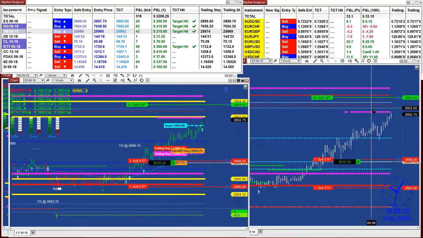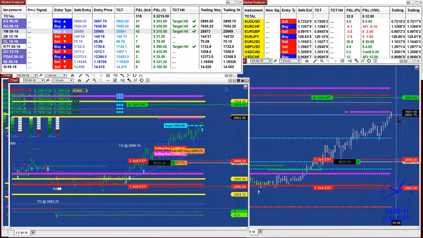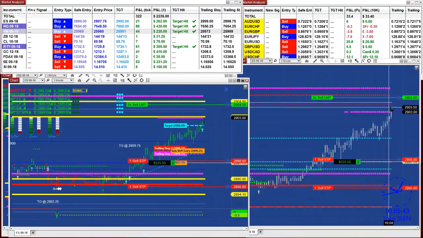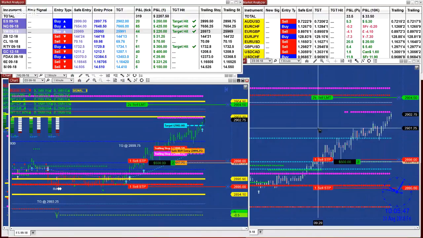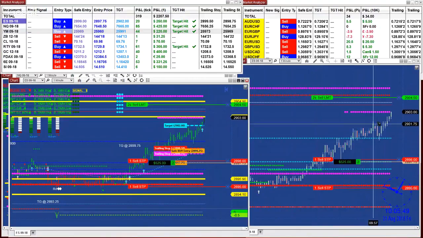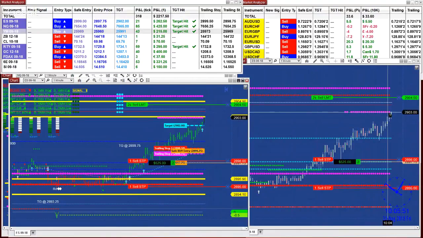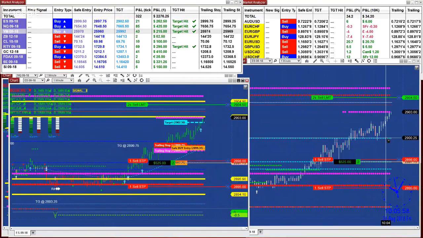You either get your cash and run, or go for another round, because the probability right now is that the ES is going to struggle in this area and pull back. So if we have a $500 profit on that trade and we pull back, we're going to be cashing in on 325.